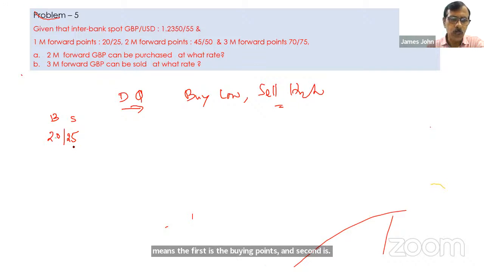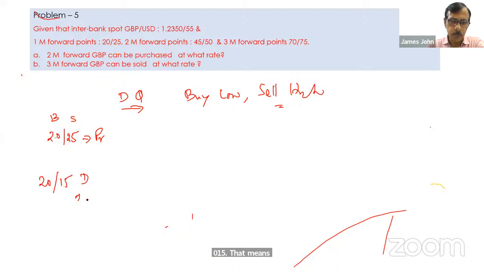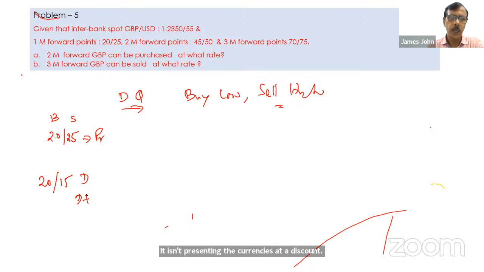Now 20-25 means this is increasing, no? From the buying 20, 25 is more than 20. So this is in ascending order. Ascending order means the currency is at a premium. Suppose this is 20-15. That means it is descending. Descending means the currency is at a discount. That is 1 point.